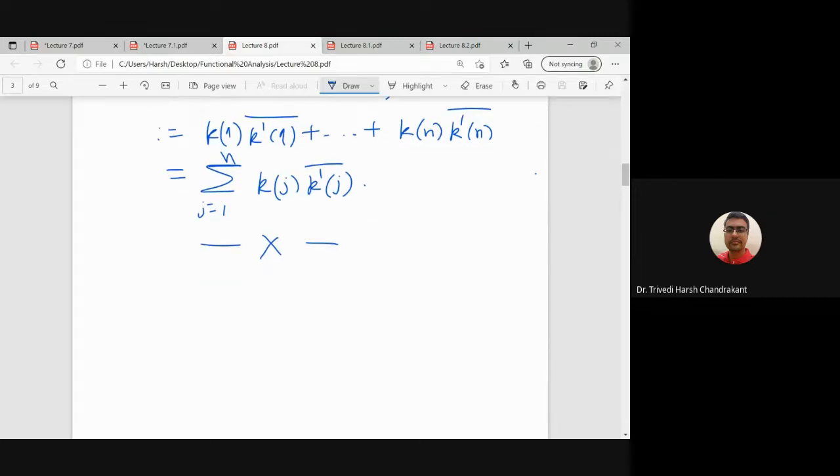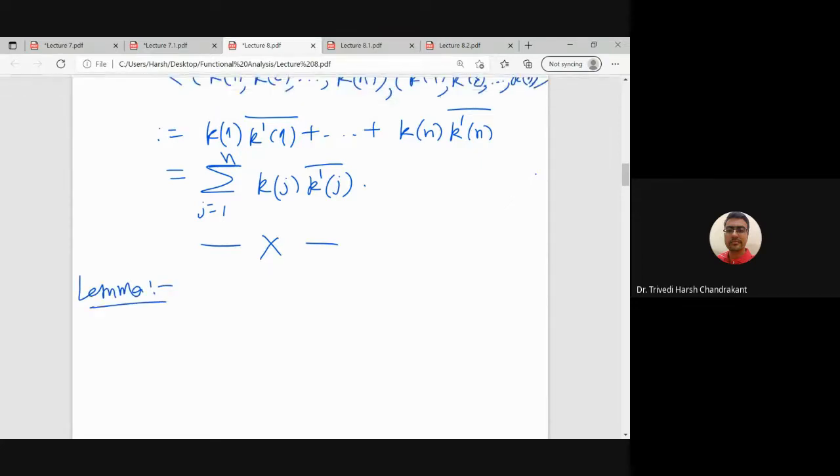Another example is coming in terms of continuous functions. So let us recall one easy lemma from calculus.